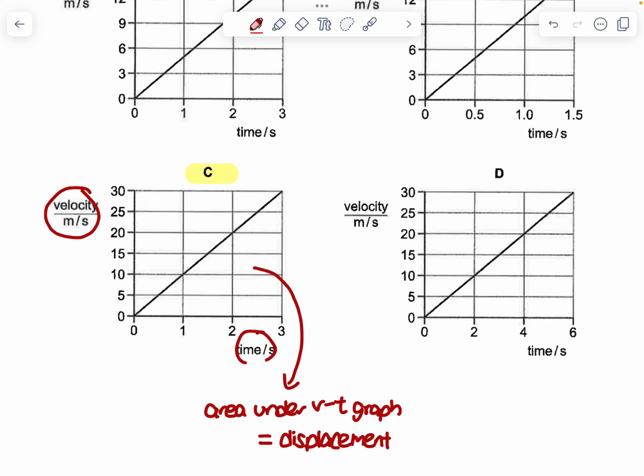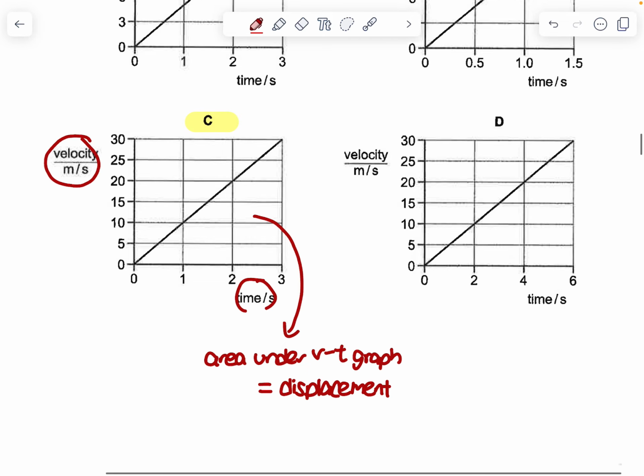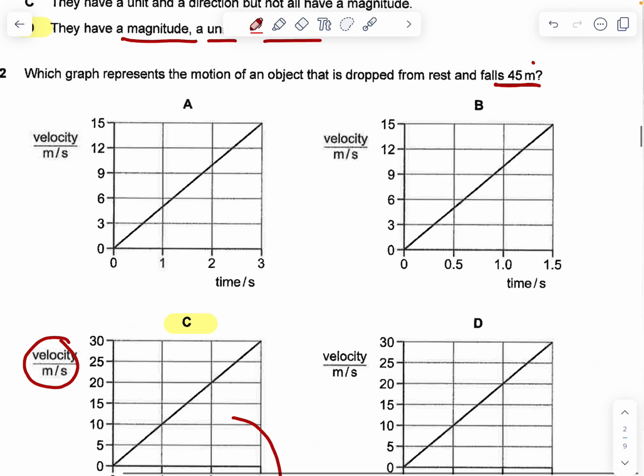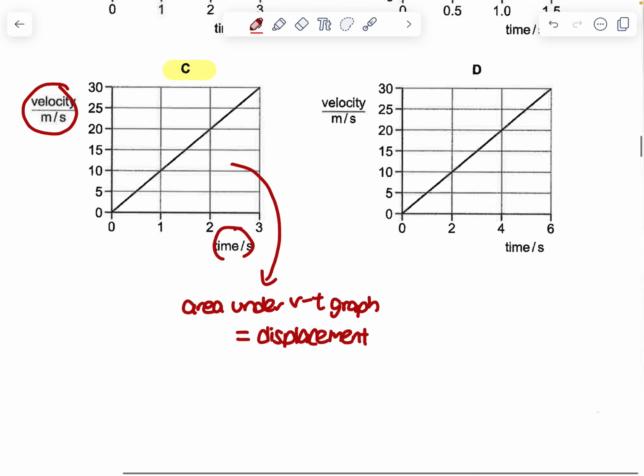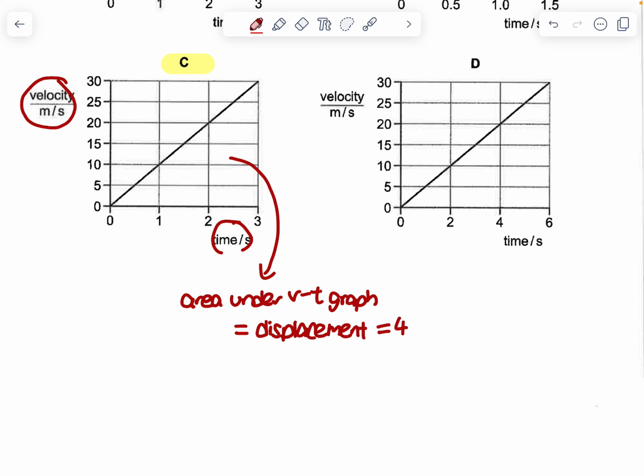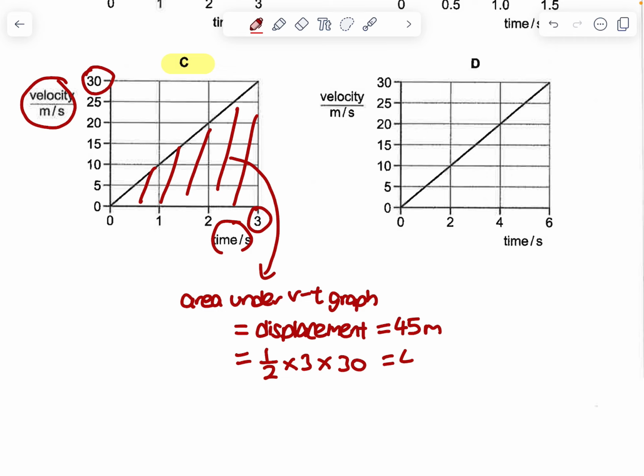In this case, the displacement was given to be 45 meters. So we're trying to find the graph that will give us 45 meters, the area under the graph. So for this, half base times height, since it's a triangle, base 3 times height 30, we find that it gives us 45 meters.